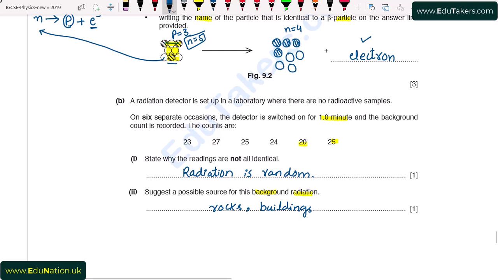So I just add all of these numbers, 23 plus 27 plus 25 plus 24 plus 20 plus 25 and divide this by the total, that is 6, because 6 is the total number of counts, so that the count due to the background radiation comes to be 24. I write here these are equal to 24.